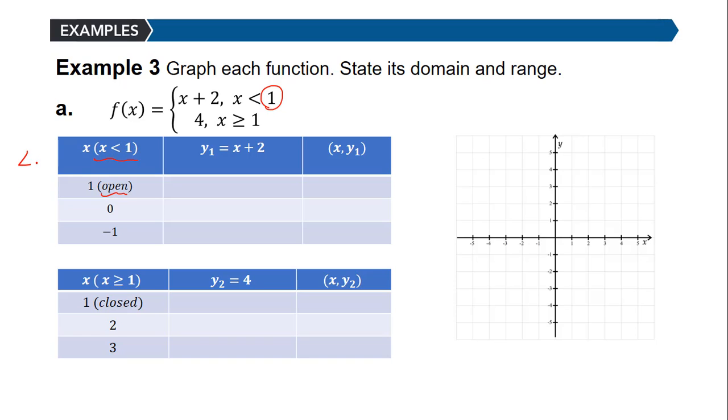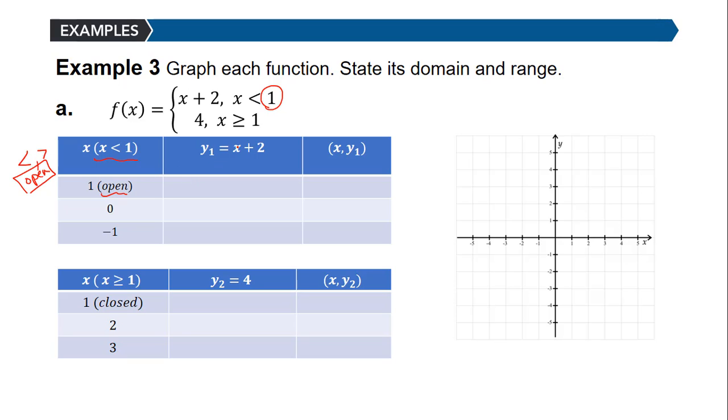So if you have a less than or greater than, your endpoint will need to be open. But then my other values of x in my table have to be less than 1. So any values less than 1, so I'll put in 0 and negative 1. Then we find our y value just as we've done with plotting points before.